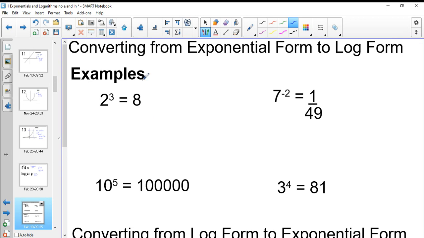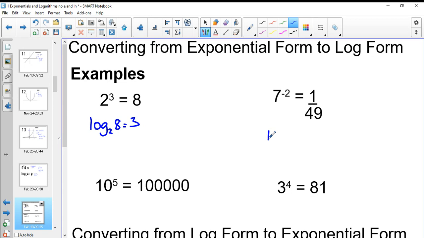So here's some examples. We're going to convert from exponential form to log form first. So 2 is the base, so it's going to be log to base 2, and this is a little subscript 2, it's got to be smaller, of 8 equals 3. Okay, so make sure it looks like that. Don't do a big 2. It's got to be a little 2.